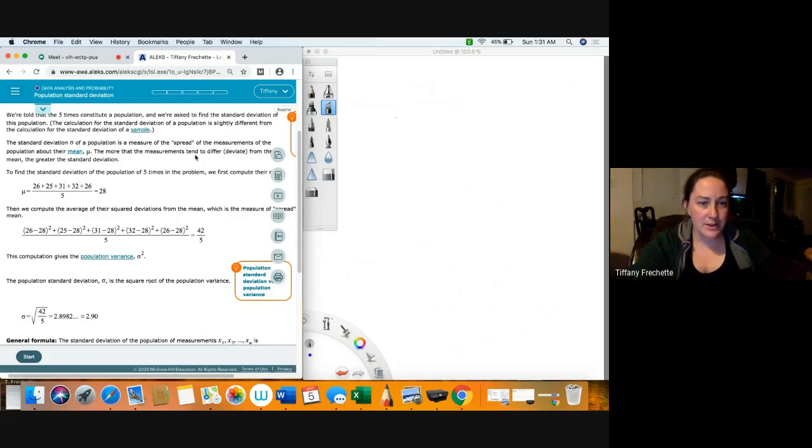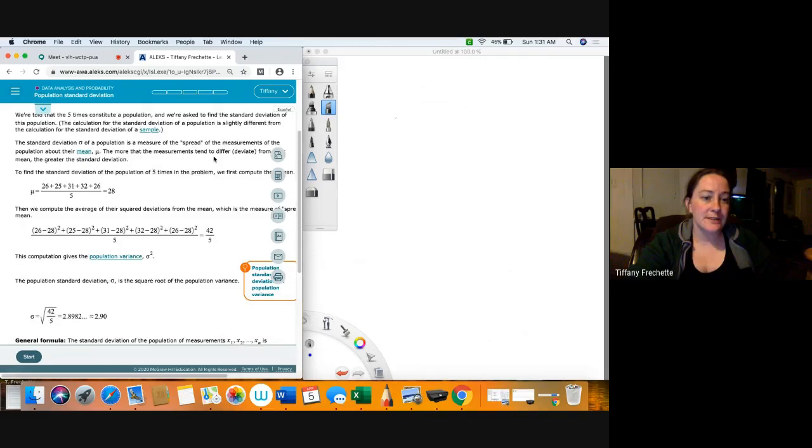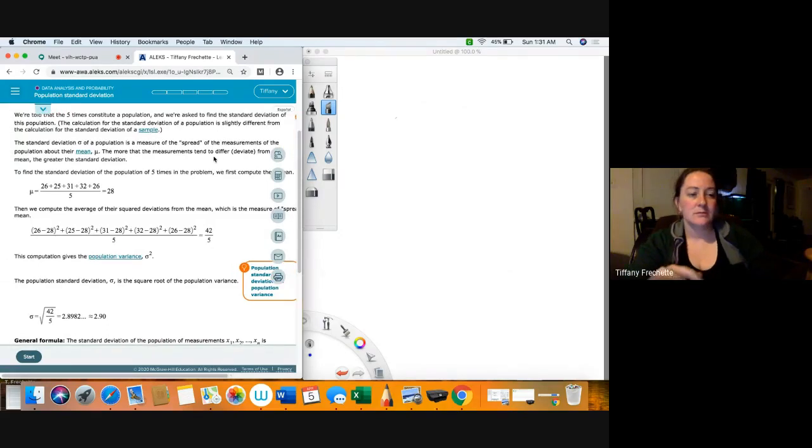The more that the measurement tends to differ or deviate from their mean, the greater the standard deviation. So when we did the mean absolute deviation, that just told us how far away in general, just points away, they were from the average.